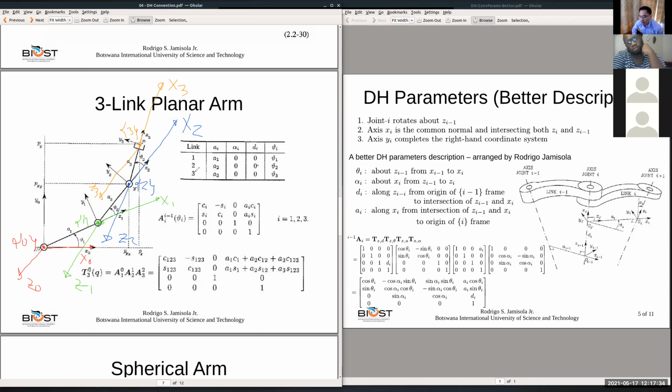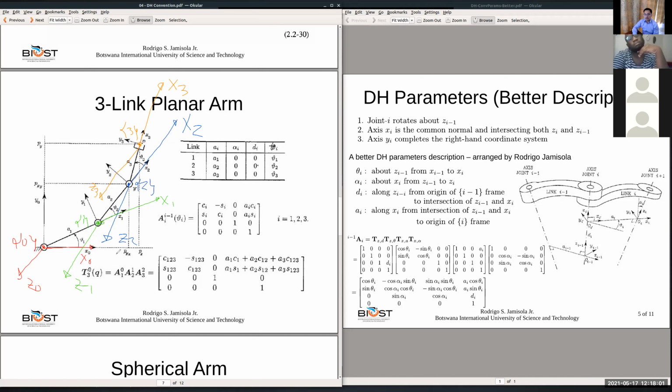Okay, now we are done with all the frame attachments, and now we'll check on the 4 DH parameters. So let's start with theta 1. Okay, so now this is your theta. So theta rotates about Z(i minus 1). So theta 1 rotates about Z0 from X0 to X1.